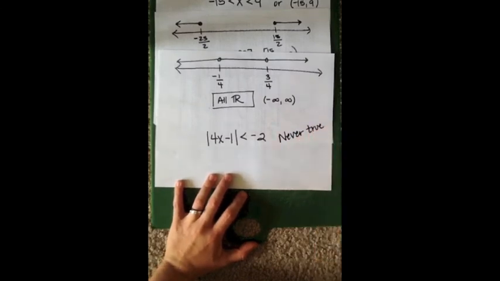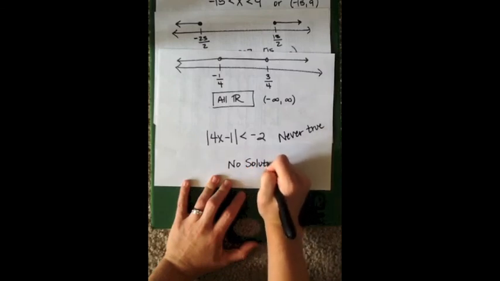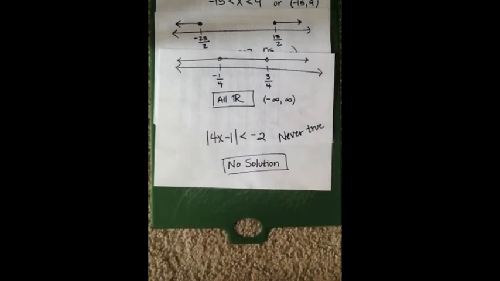And in this case, our answer would be no solution. So you need to actually think about what these equations are saying. Decide if it's and or or. That's going to tell you what your solution actually looks like, and how to graph it and how to write it.